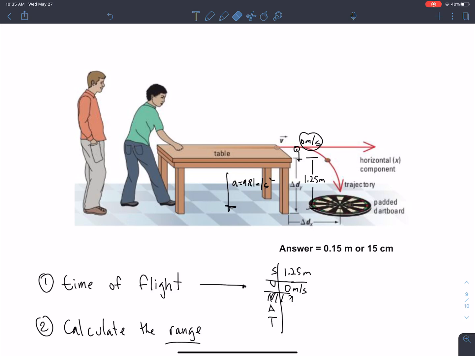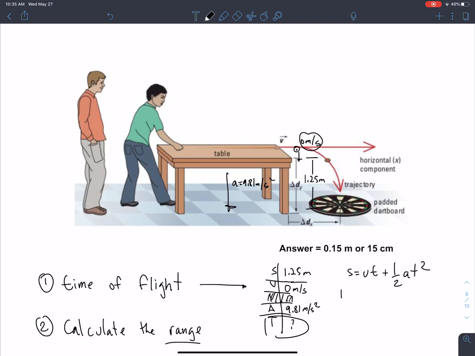My acceleration is going to be 9.81 meters per second squared, and the time is what we're trying to solve. So S, U, A, and T. Which formulas do we have for that? S is equal to UT plus 1/2 AT squared.